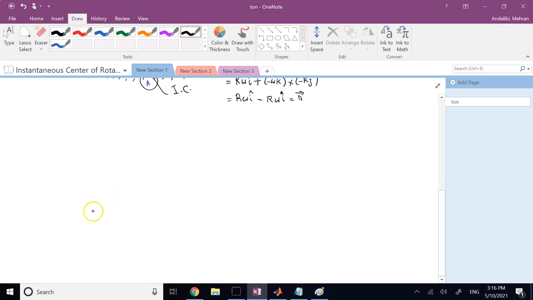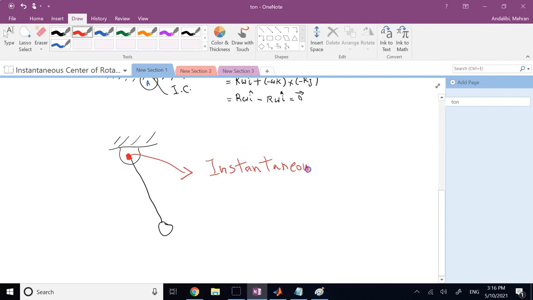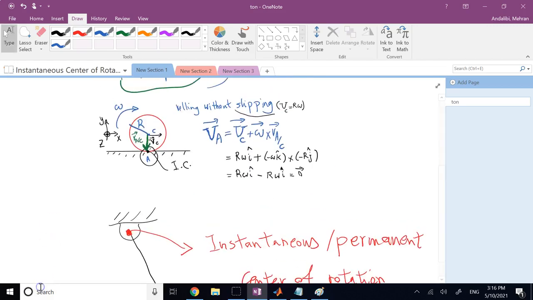Where else can you see that? Well, of course, if I have a rigid body like a pendulum, where is the instantaneous center of rotation? Of course, it's here, because not only is this the instantaneous center of rotation, it is also the permanent center of rotation. So permanent centers of rotation are, of course, also instantaneous centers of rotation, right?